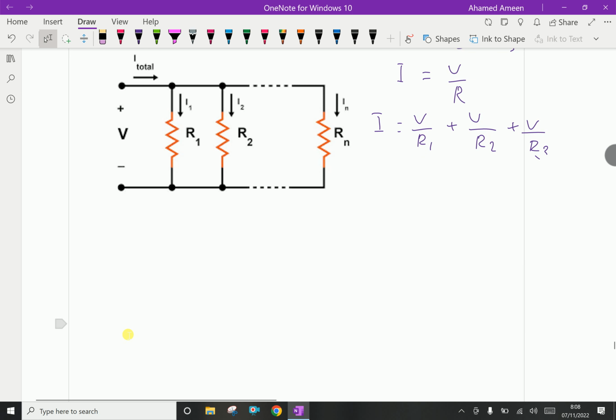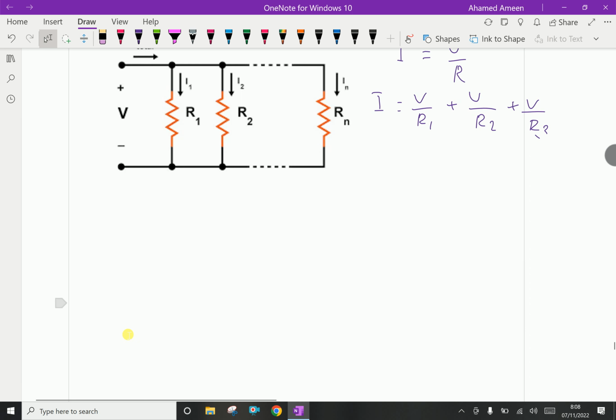Now, I equals V by R, or equals V over R1 plus V over R2 plus V over R3.